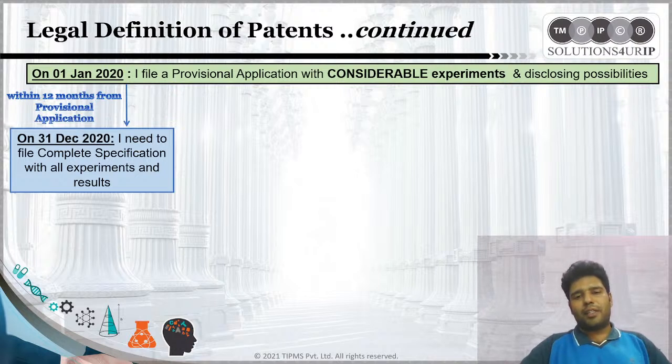The entire patent specification, the contents of the provisional patent specification, complete specification, whatever we have discussed, all of these are in form 2. This itself is a form which is prescribed under the Patents Act 1970 and under the Patents Rules 2003. Okay.